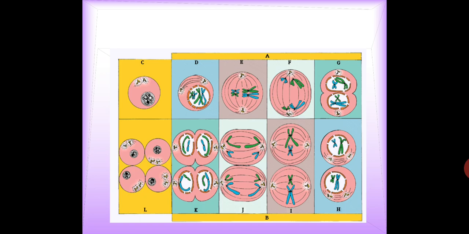E, once again, metaphase. F, anaphase, and G, telophase. H, prophase 2, I, metaphase 2, J, anaphase 2, K, telophase 2, and L, cytokinesis 2.